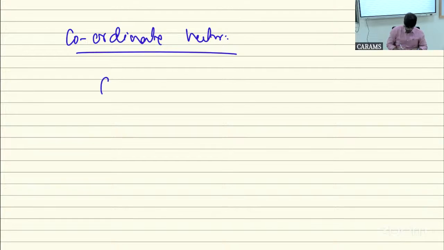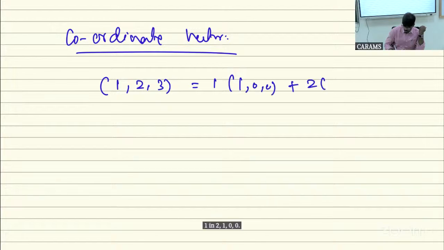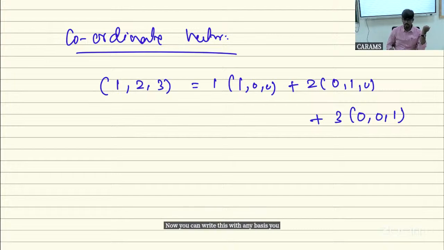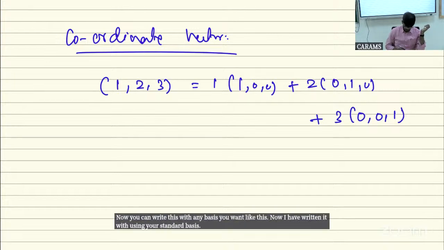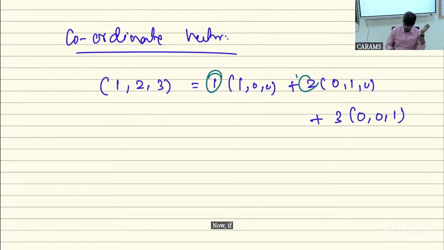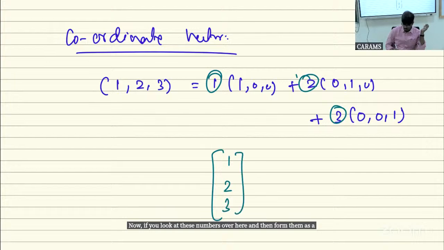Let's say, for example, you have 1, 2, 3, and I can write this 1, 2, 3 as 1 into 1, 0, 0 plus 2 into 0, 1, 0 plus 3 into 0, 0, 1, correct? You can write this with any basis you want. Now I have written it using the standard basis. If you look at these numbers and form them as a vector, this becomes a coordinate vector.